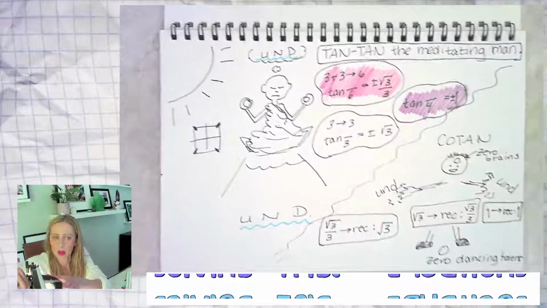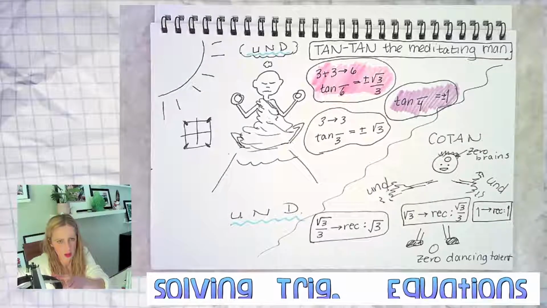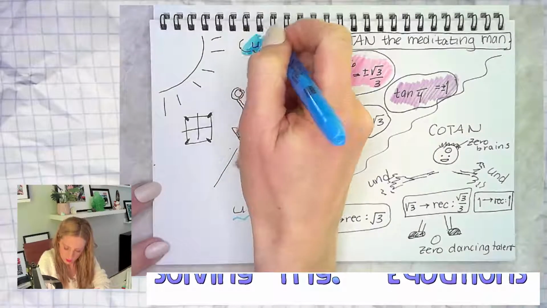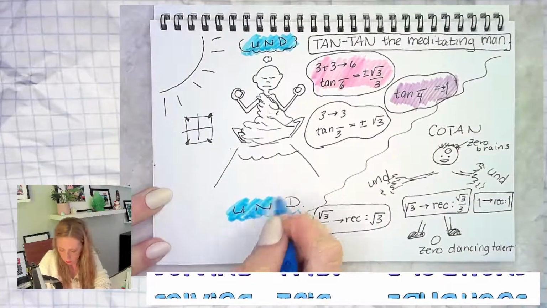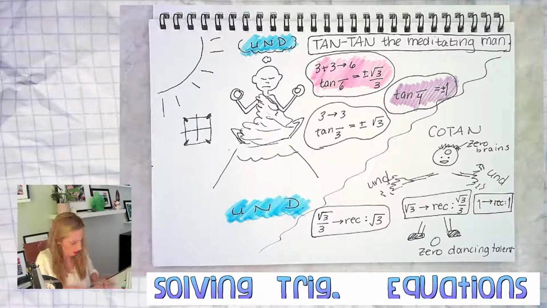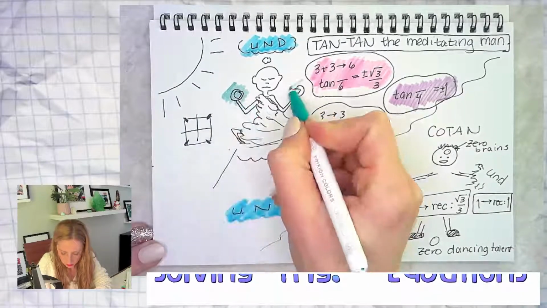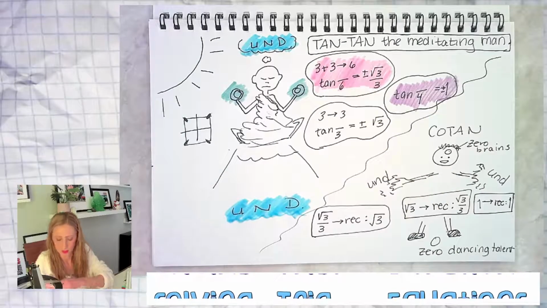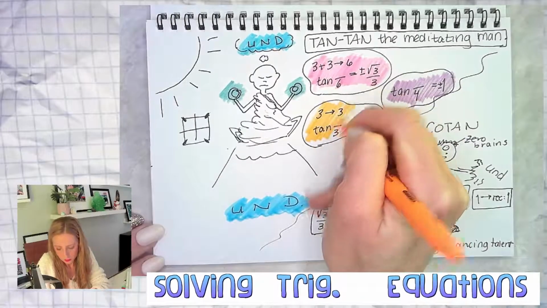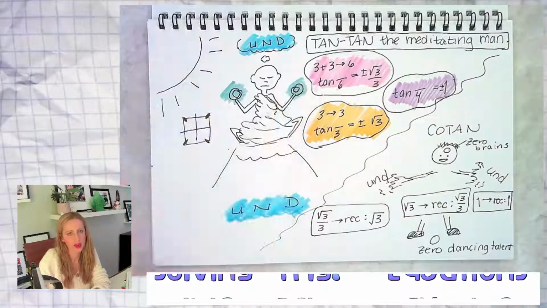That's all right. Okay. Then green. And I think 3s I did orange. Okay, so that's tan𝜃, the meditating man.